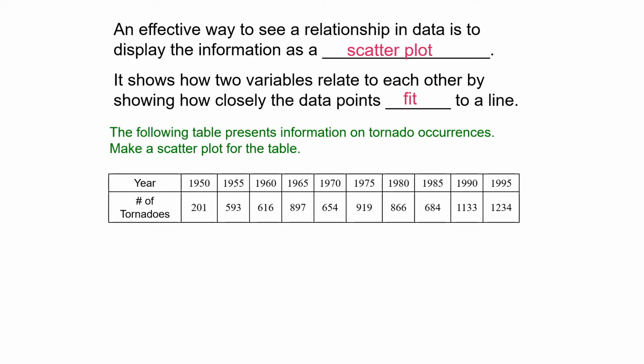We have the number of tornadoes given for the different years from 1950 to 1995. Let's fit a scatter plot for this, get a line of fit, and use the line of fit to predict a value for a year which is not provided in this list.